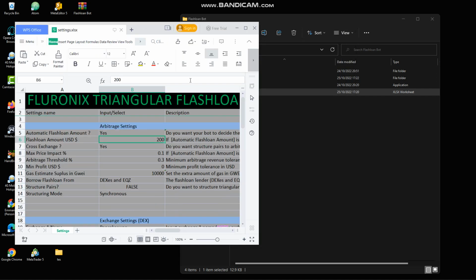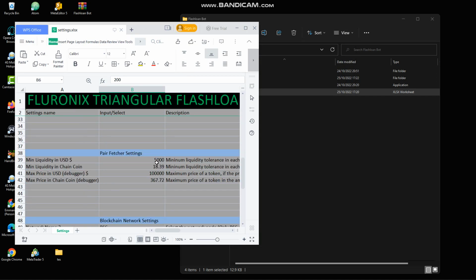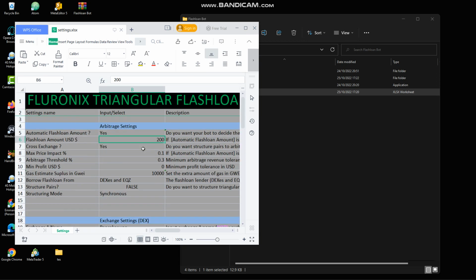Here we go. On the structure pairs and structure mode, I said I will explain this section later. Structure pairs means, on the start of this bot, do you want to structure your triangular pairs?